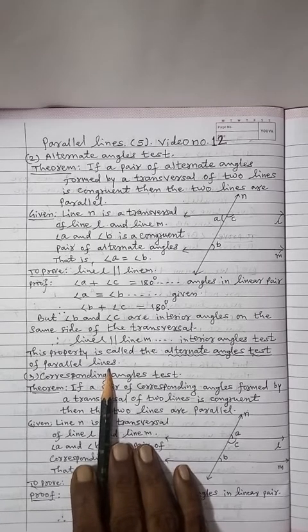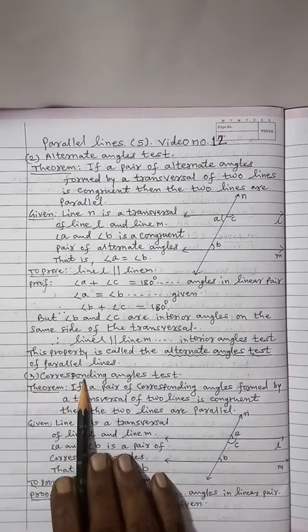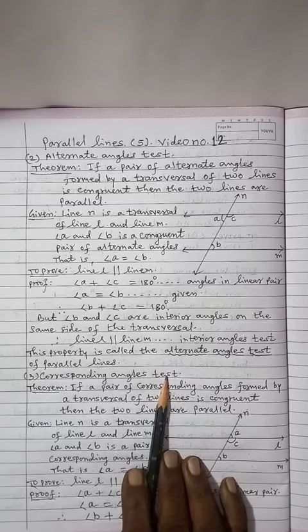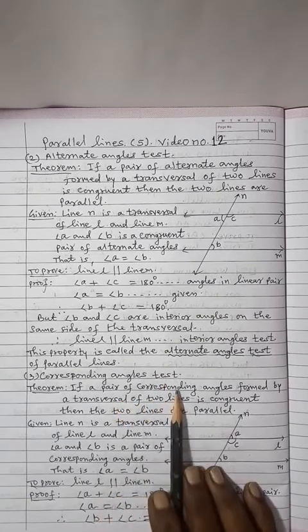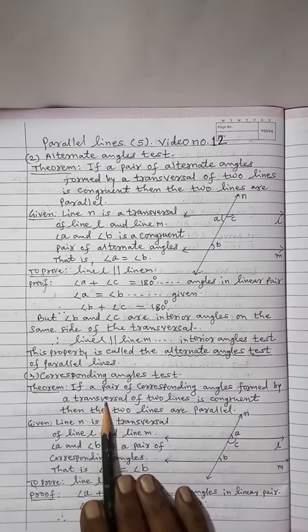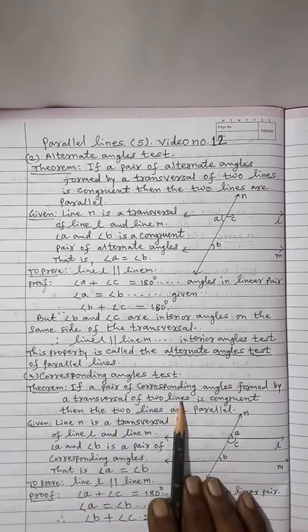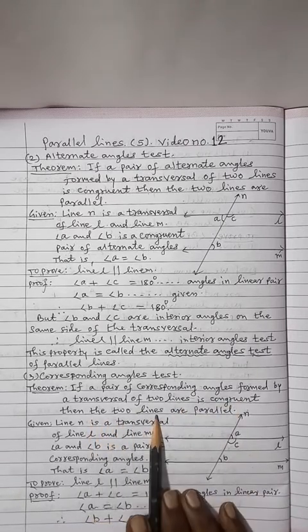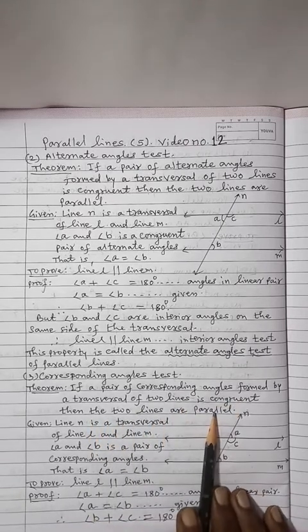Now, test number 3, the corresponding angles test for parallel lines. What is the theorem? If a pair of corresponding angles formed by a transversal of two lines is congruent, then the two lines are parallel.